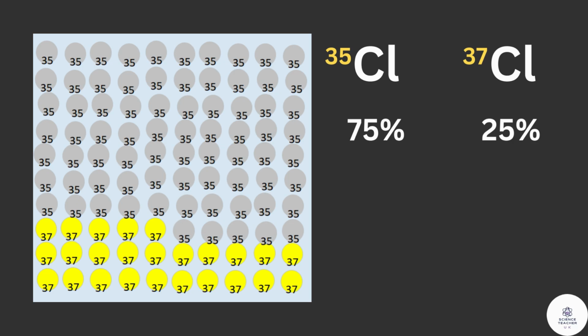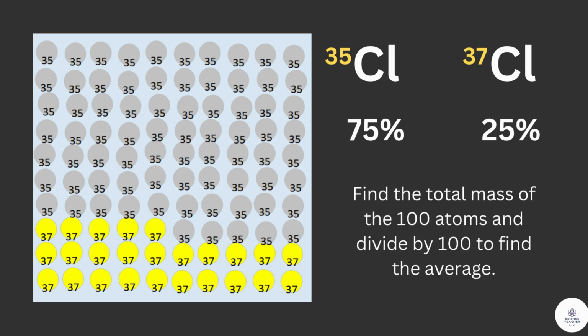So think of the information given as being like this. If you've got 75% and 25%, that's 100% altogether. Think of that as 100 atoms. 75 of them are chlorine 35, 25 of them are chlorine 37.